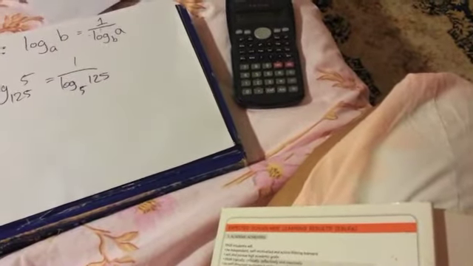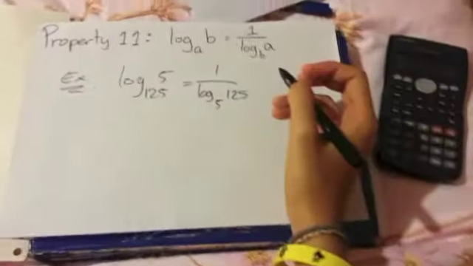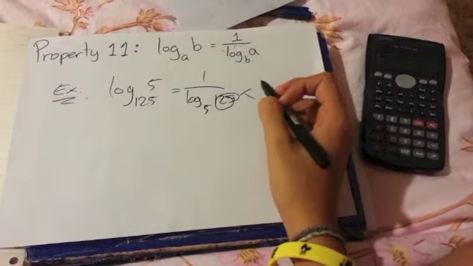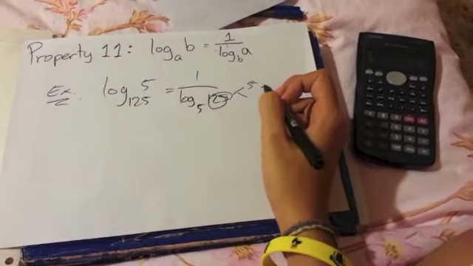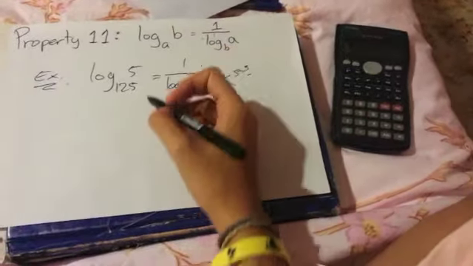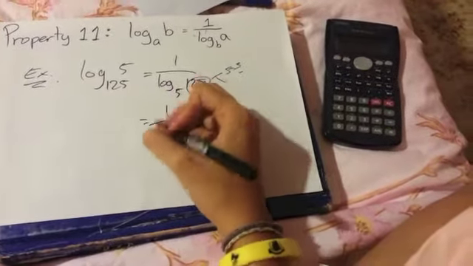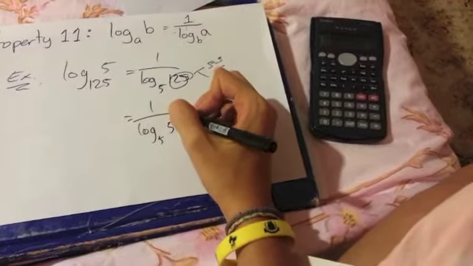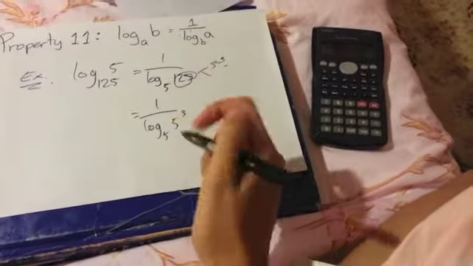So now this number you can separate. It's going to be 5 to the power of 3. So now there you write 1 by log 5 to the power of 3.